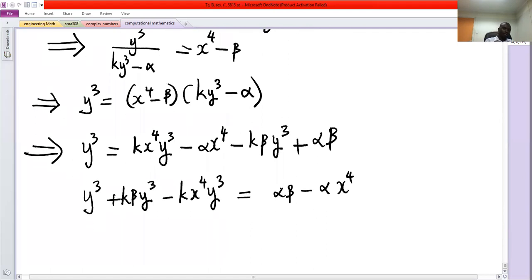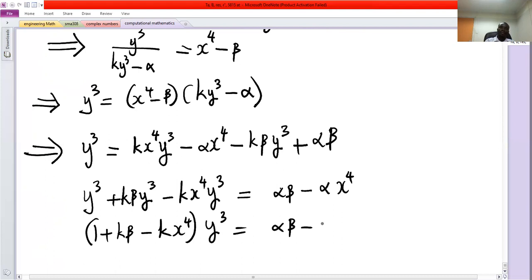Which would be 1 plus k beta minus k x power 4, times y cubed, equals alpha beta minus alpha x power 4.